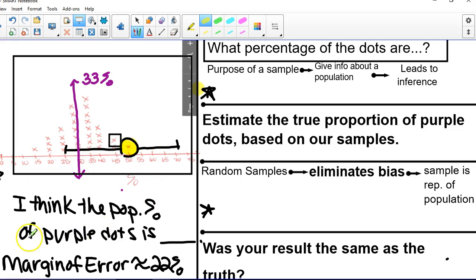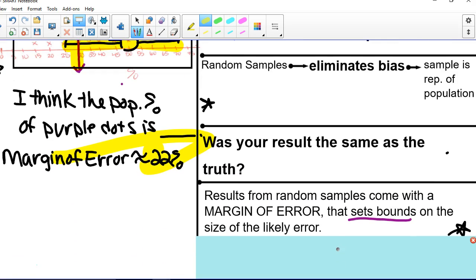Well, what you notice is I calculated the margin of error for you. And that margin of error is 22%. So if you draw a line out this way to 22% and you draw a line out that way to 22%, I think 50% of the population is a purple dot within a margin of error of 22%. And you'll notice the truth is in that interval right there, 33%. That's the purpose of a margin of error.